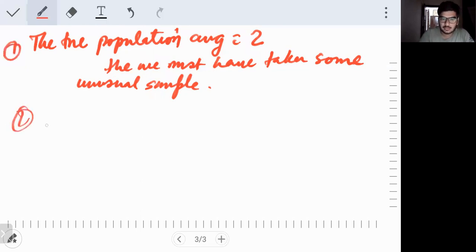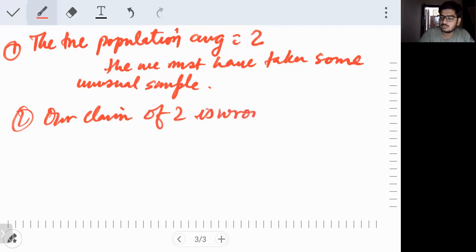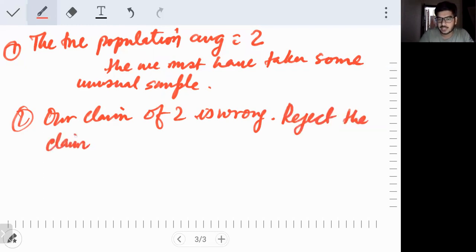The second case could be that our claim of 2 is wrong. We reject the claim, right?